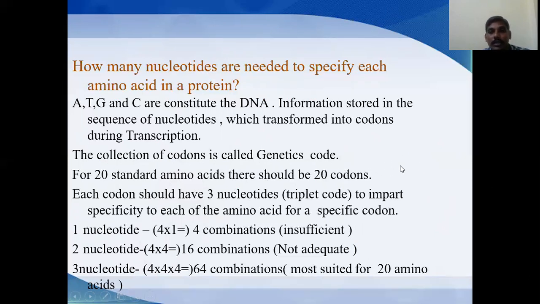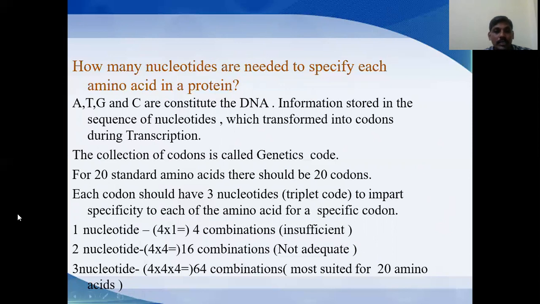A natural cell contains nearly 20 standard amino acids, but two more amino acids were recently discovered, so a total of 22 amino acids are written in some books. Each codon should have three nucleotides, that is a triplet code, to specify each amino acid. So how are these 20 standard amino acids specified, recognized, or identified by the nucleotides?